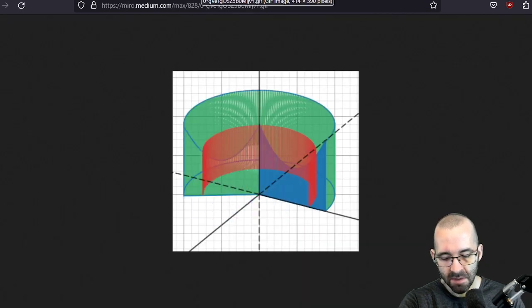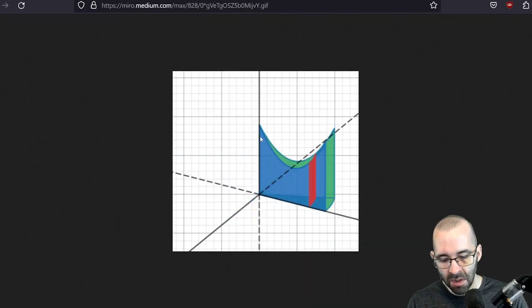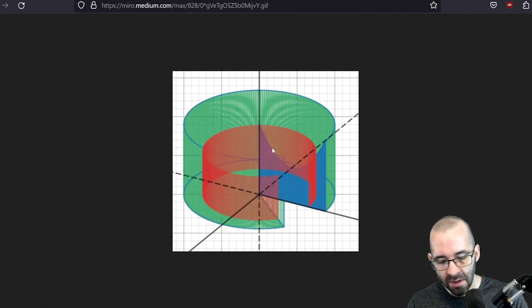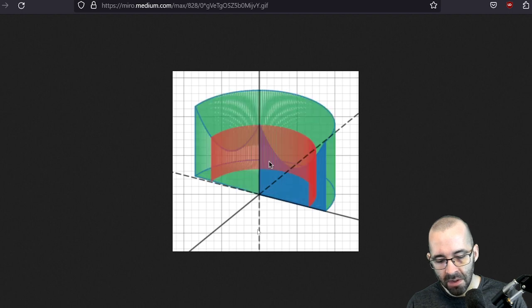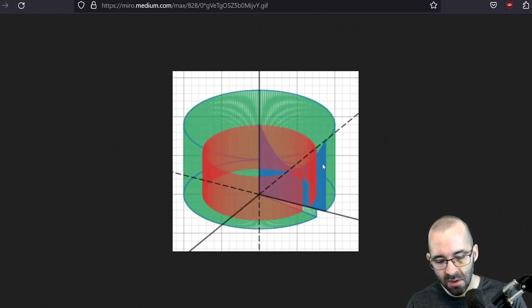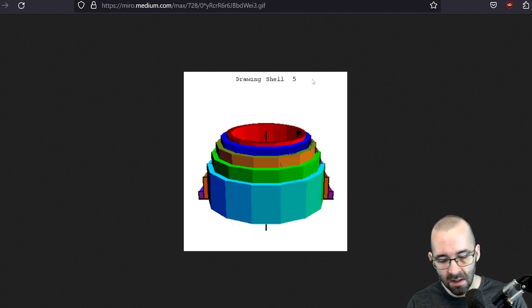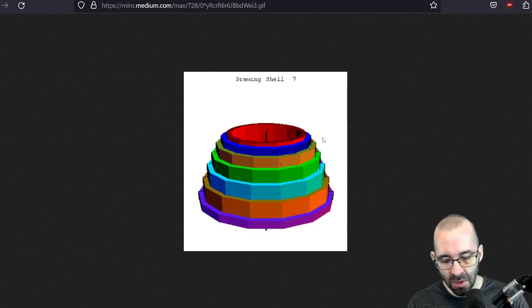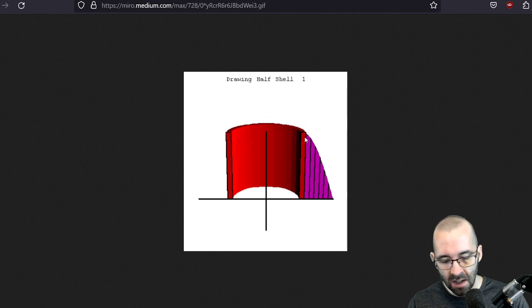Let's look at some GIFs. Okay, so we're looking at the area under this parabola getting rotated about the y-axis. This is our solid that we're looking at. Another way of thinking about this, one of my favorites, is look at this curve. We're rotating this curve around, and we're doing all these cross sections.